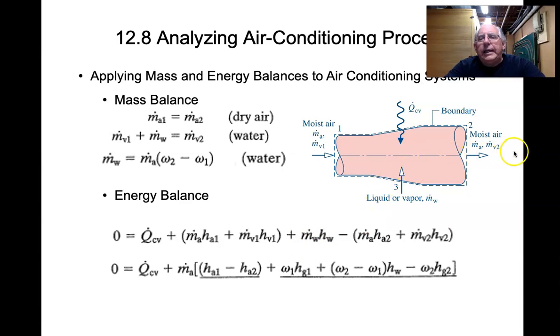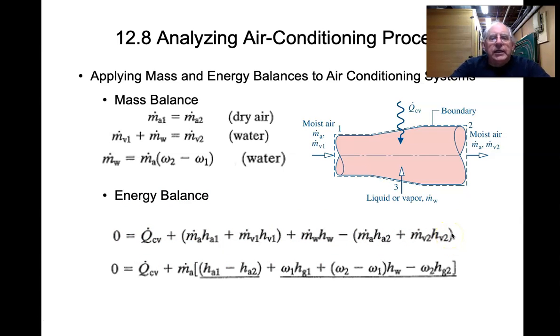And then what leaves is the air at a new enthalpy level, because it would be at a different temperature, let's say. We also have the water vapor that is remaining at, again, a different enthalpy. So this is our conservation of energy, our first law.